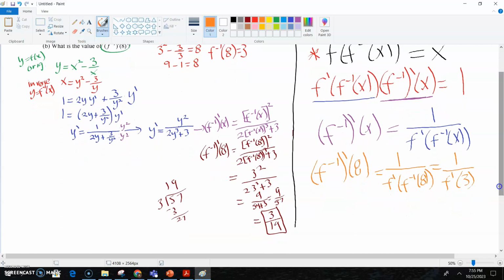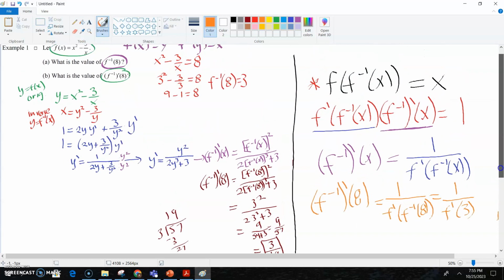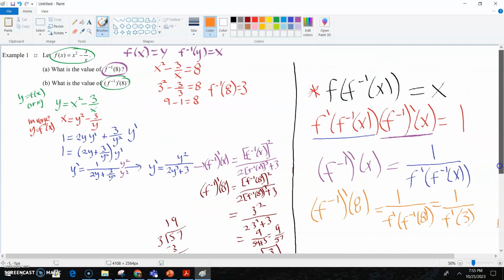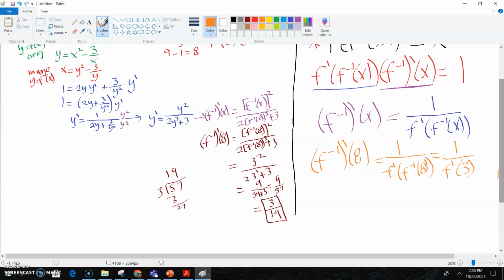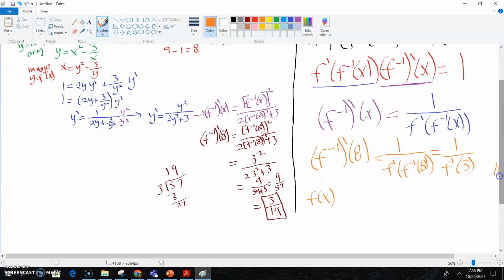Now, all that means is we need to figure out what the derivative is and evaluate it at 3. So we have our original f of x, which was x squared minus 3 over x. Let's find its derivative.